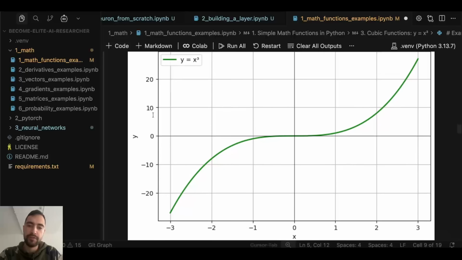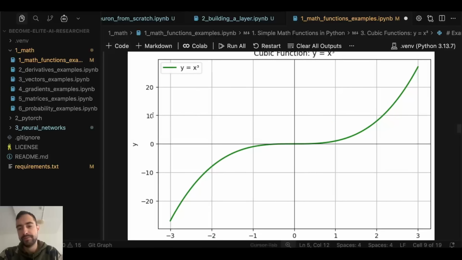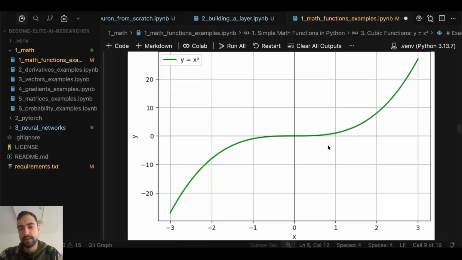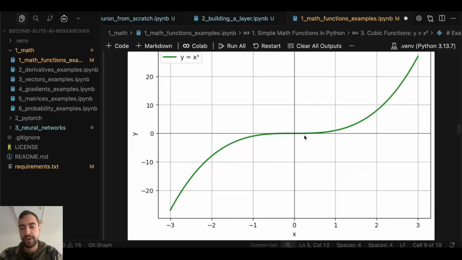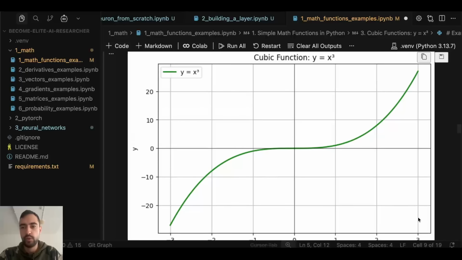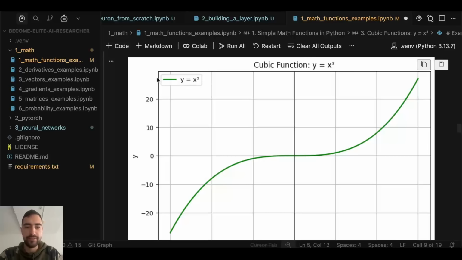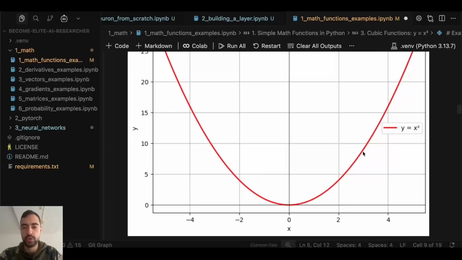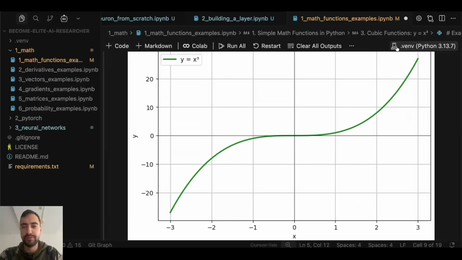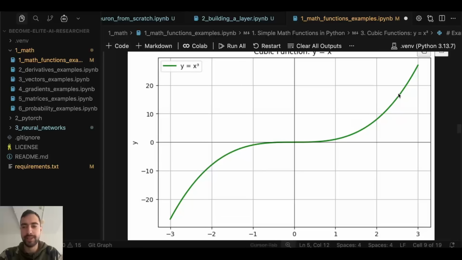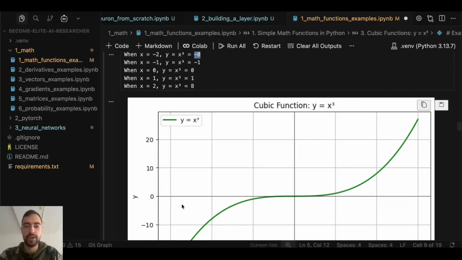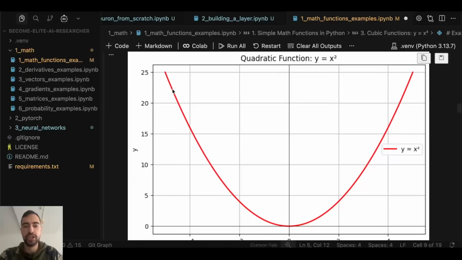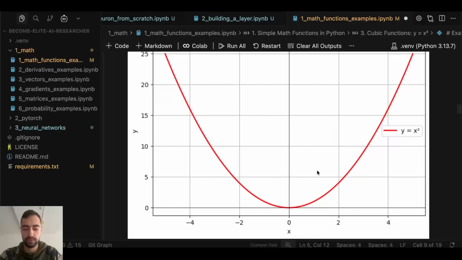So this is what the cubic function looks like, and it grows even faster than the square function. Here at 3 we are already at 27 on y, and 3 was just 9 in the square here. So cubic grows even faster, but there is also a negative part of it. So this is the shape of the cubic function. This is the shape of the square function. So knowing these shapes is good.